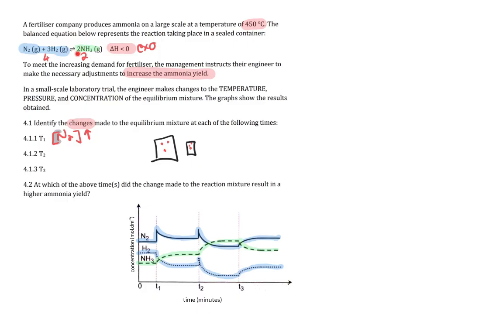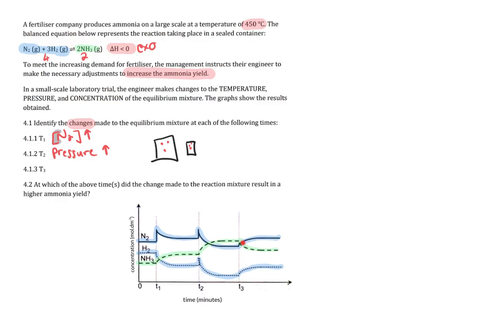In other words, my forward reaction is favored. So these two are used up and that one is formed. Let's see. Yes, those two are used up and this one is formed. That one increases. So that corresponds with our thinking that the pressure was increased. And then at time 3, what happens there?